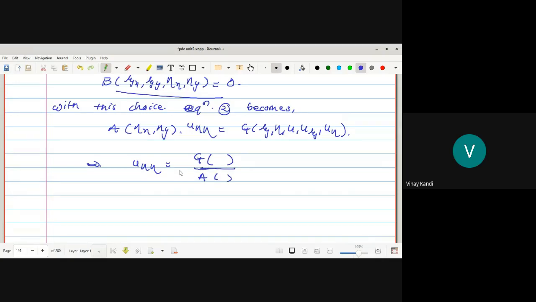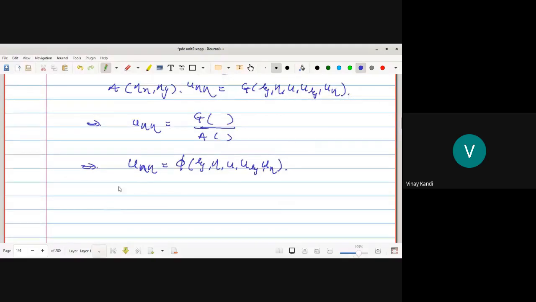Okay, so at last we get u eta eta is equal to, okay, g upon A is nothing but phi. Okay, g upon A is equal to phi, that is the function of xi eta u u xi and u eta.